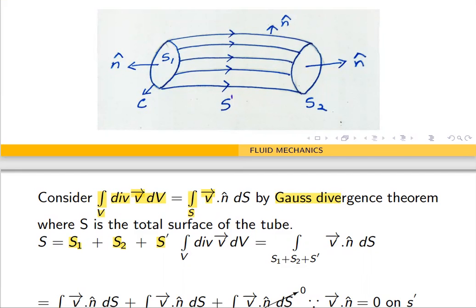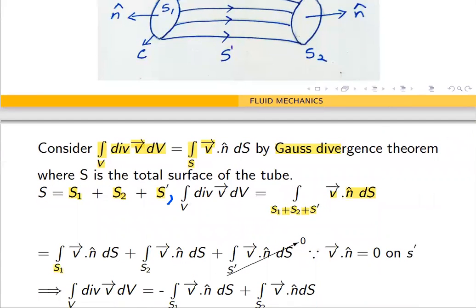So the volume integral of divergence V dV is equal to the integral of V dot n dS over S1 plus S2 plus S dash. We split the integrals: the integral over S1, the integral over S2, and the integral over S dash.